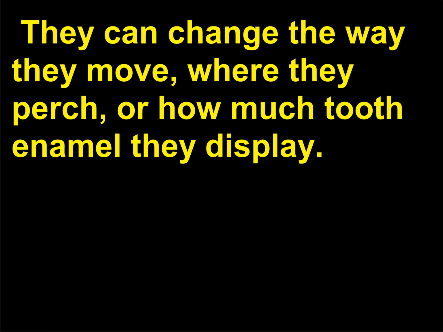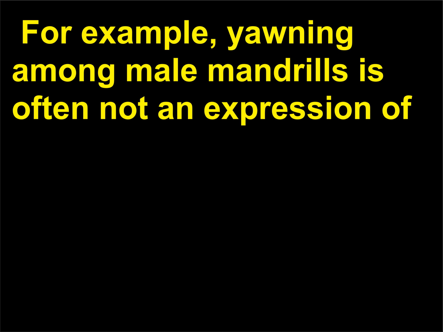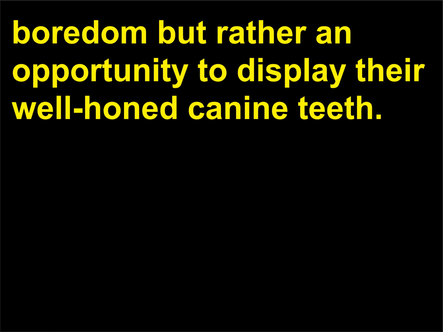They can change the way they move, where they perch, or how much tooth enamel they display. For example, yawning among male mandrills is often not an expression of boredom but rather an opportunity to display their well-honed canine teeth.